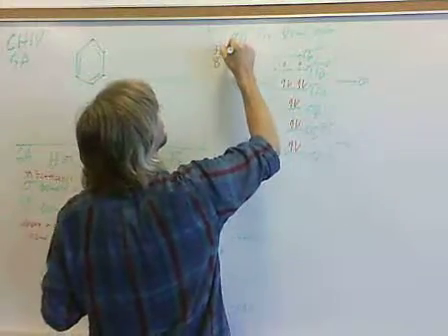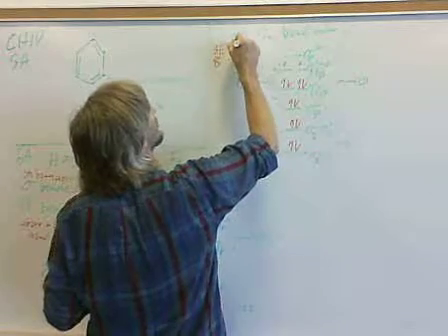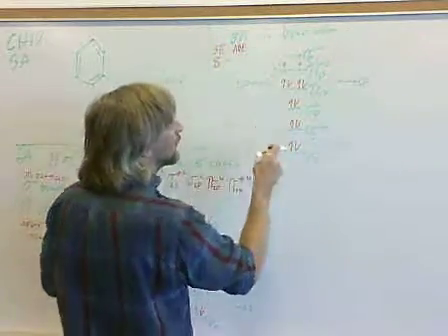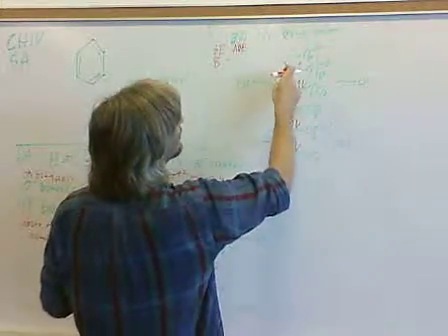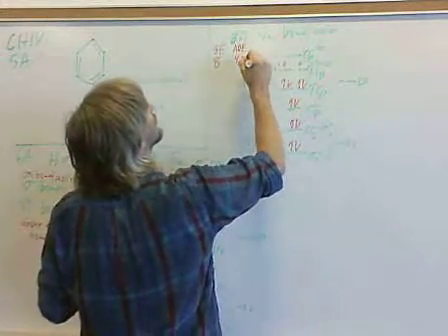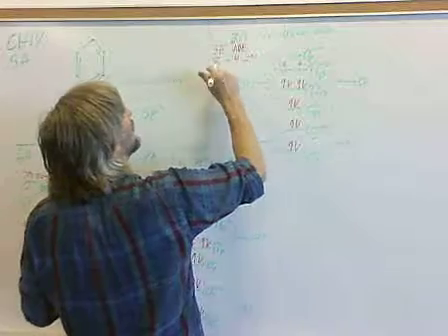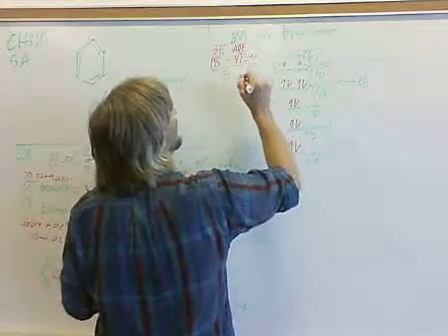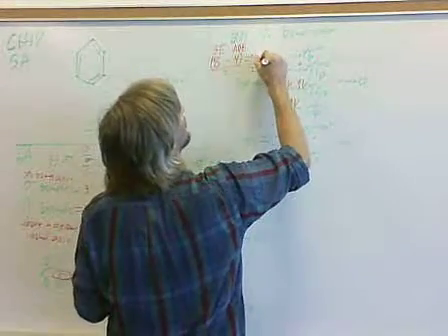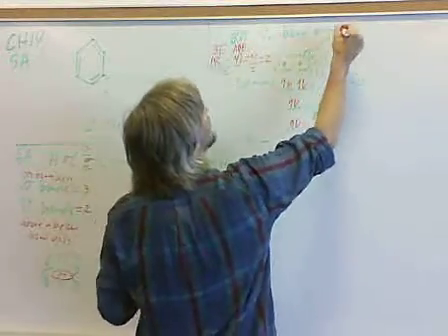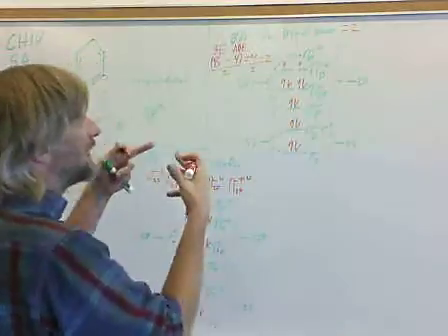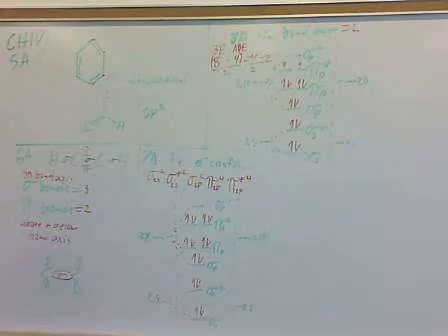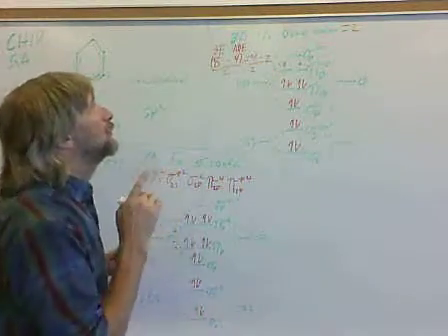Antibonding electrons will be 2, 3, 4. But we're dealing with electrons, so we're going to divide these by 2 to get pairs, or bond order. So our bond order is going to equal 2. We have a net of 4 bonding electrons, but bonds are compared to 2 electrons, so we divide by 2, and we end up with 2 bonds.